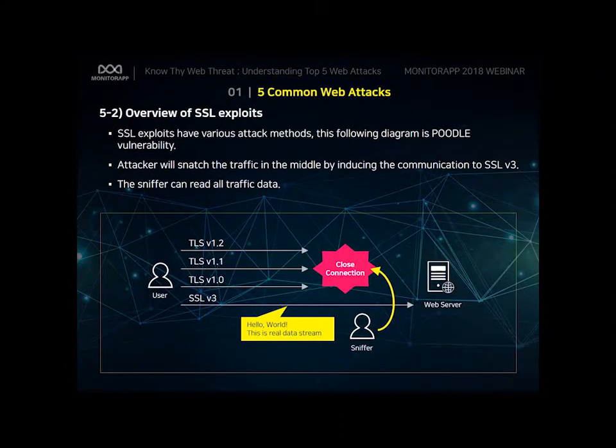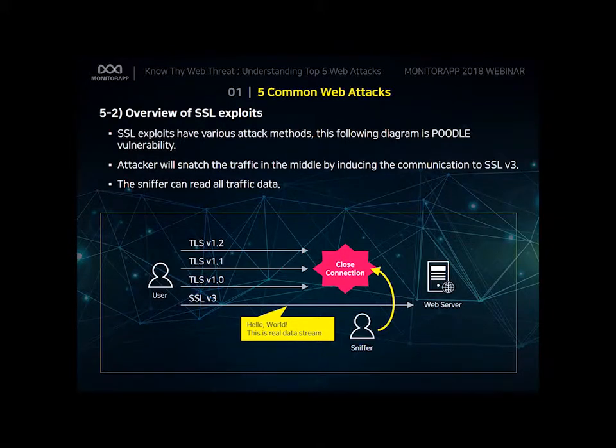One of the SSL vulnerabilities is called Poodle. First found in 2014, it is an attack using the most vulnerable SSL, version 3. You need to understand the basic flow of SSL communication first.